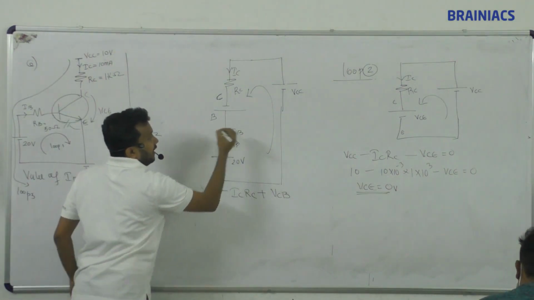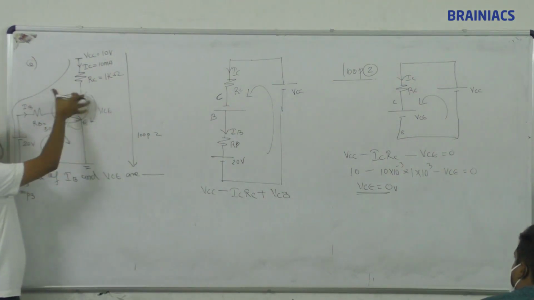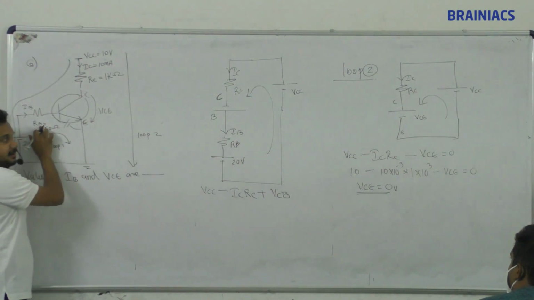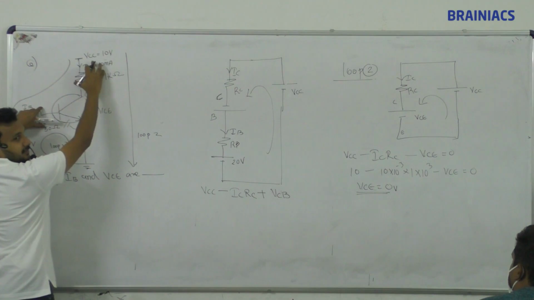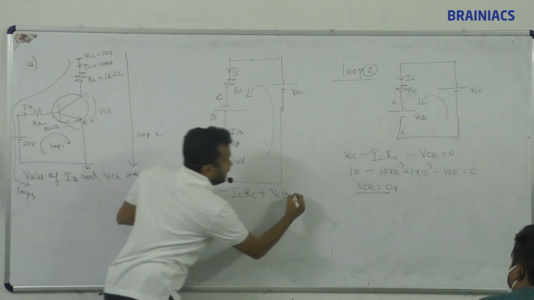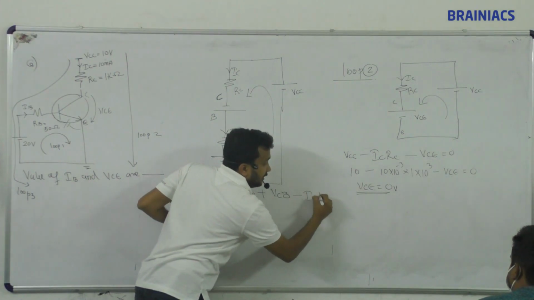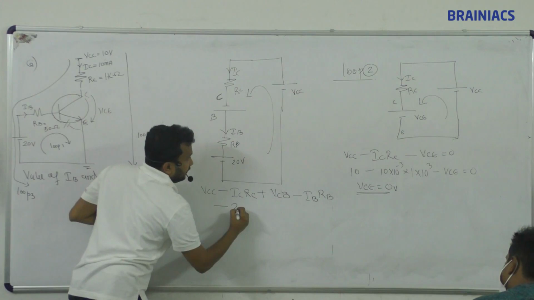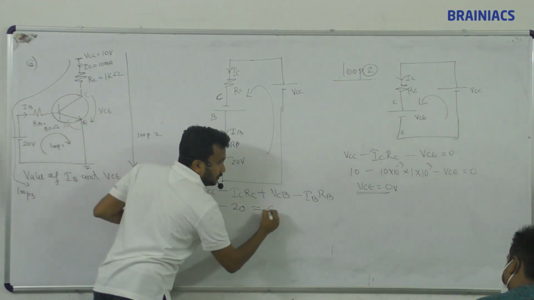What is that current? IB. Because this is two sections of the circuit. So the current coming here is IB current. This is one part, this is another part. This current IC, this current IB. So we have to write minus IB RB. Then minus 20 is equal to 0.